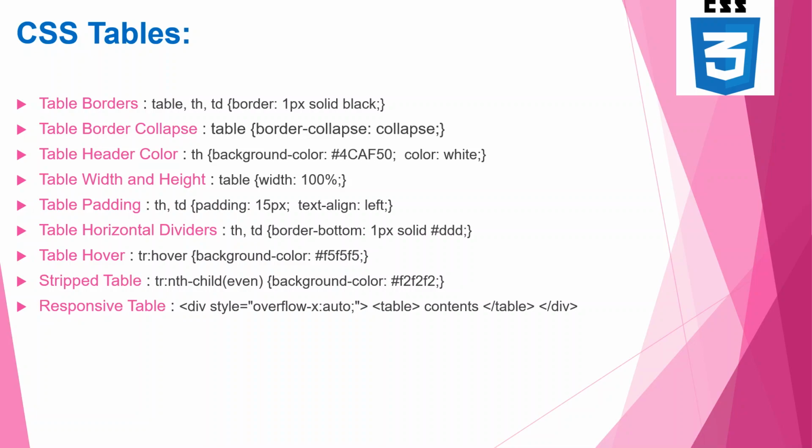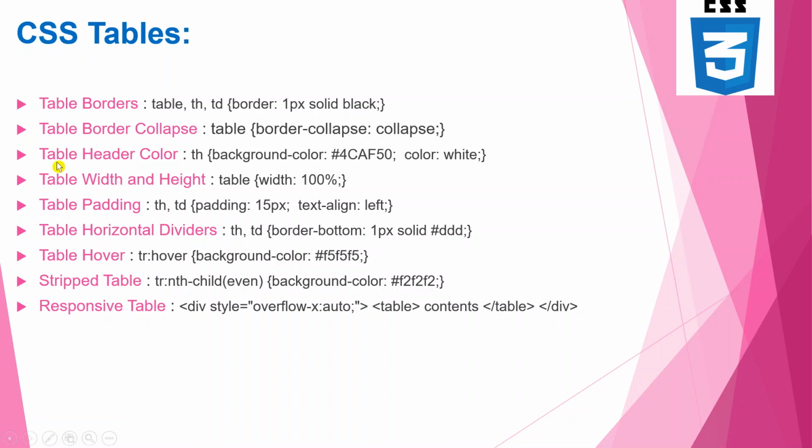I'm not going to explain from the basics; I will start from the styling itself, friends. If you have any doubt in the basics, go back to my HTML tutorials and see the HTML tables video.